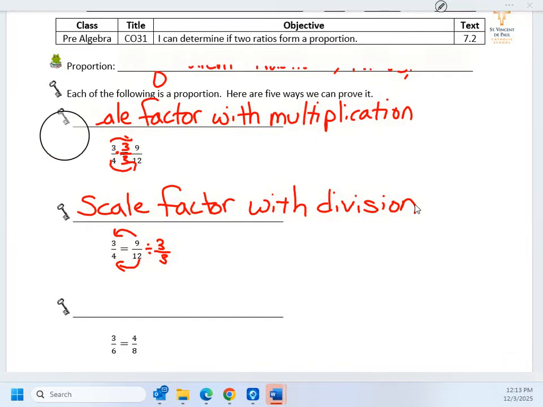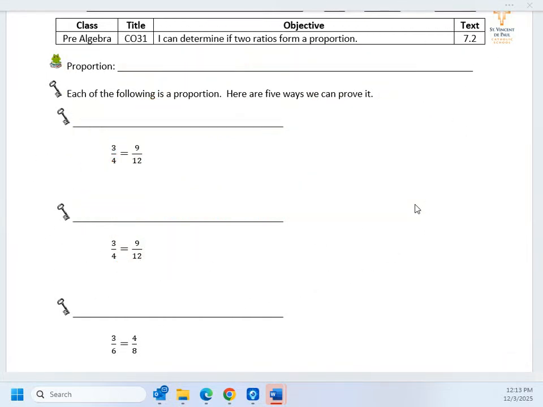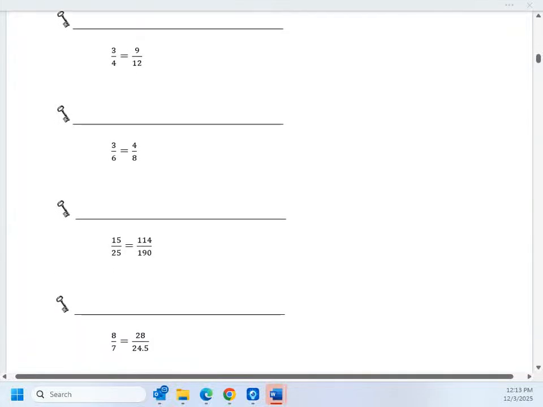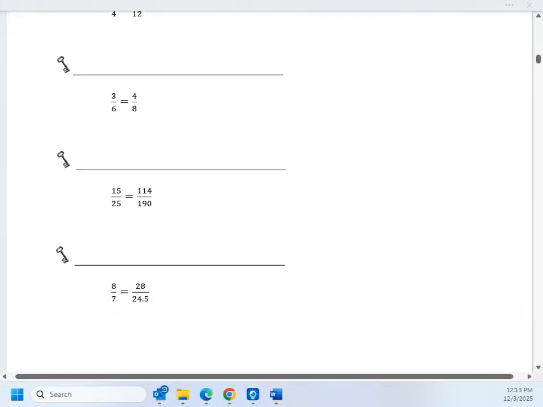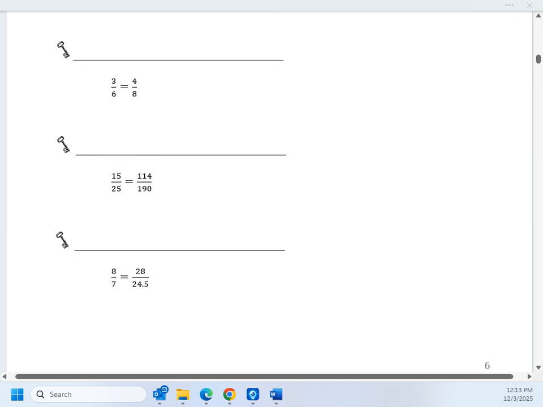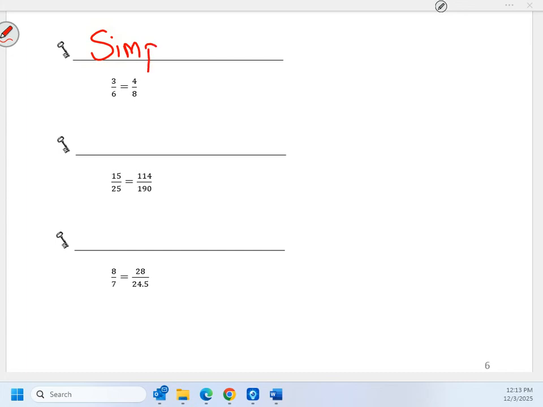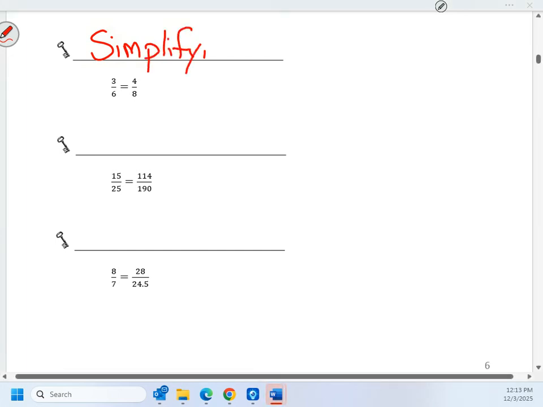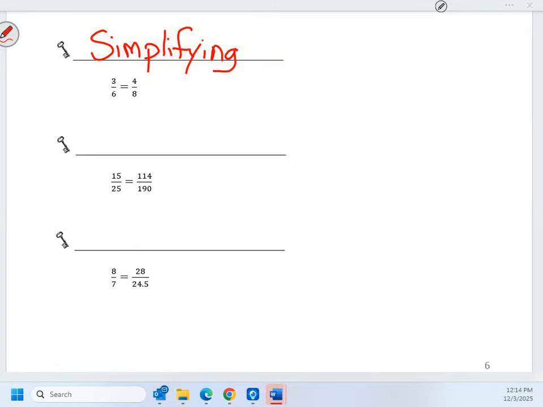So let's look at 3 more ways to look at those proportions. This one, again, not a new way. We can use simplifying. If I look at 3/6 to 4/8, I don't know what I'm multiplying up by. I don't know what I multiply 6 by to get to 8. But I can simplify them both down. I know 3/6 can get smaller.